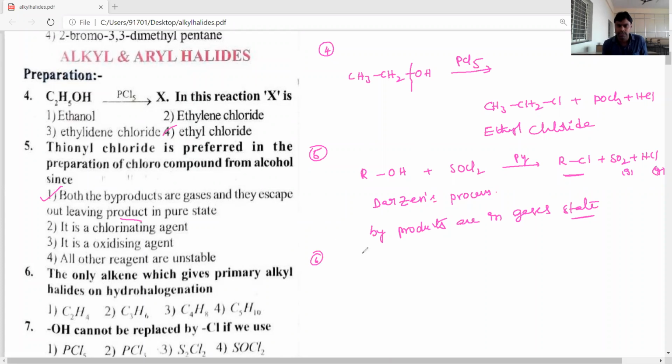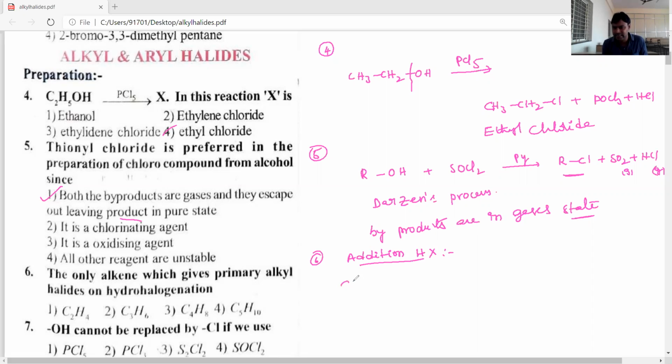See, the sixth one is addition of hydrogen halides. So an unsymmetrical alkene is present. The addition reaction takes place according to Markovnikov rule, and the halide ion adds at the double-bonded carbon containing fewer hydrogens.